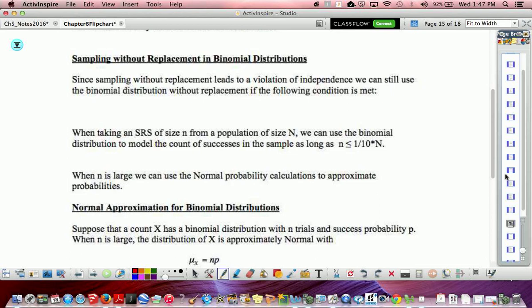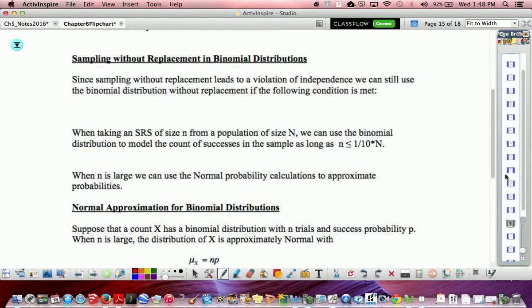Like for instance, with a deck of cards, what's the probability that you draw a red card? Well, on just the first card, there's 26 red cards out of 52, 1/2. But if the first card is a red card and I don't put it back in, it influences the probability of the next draw. In many situations, that can keep you from using a binomial distribution.